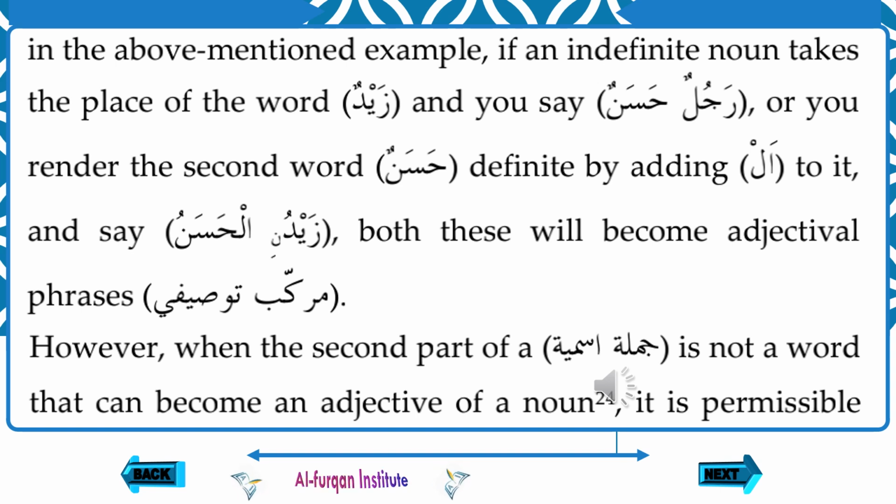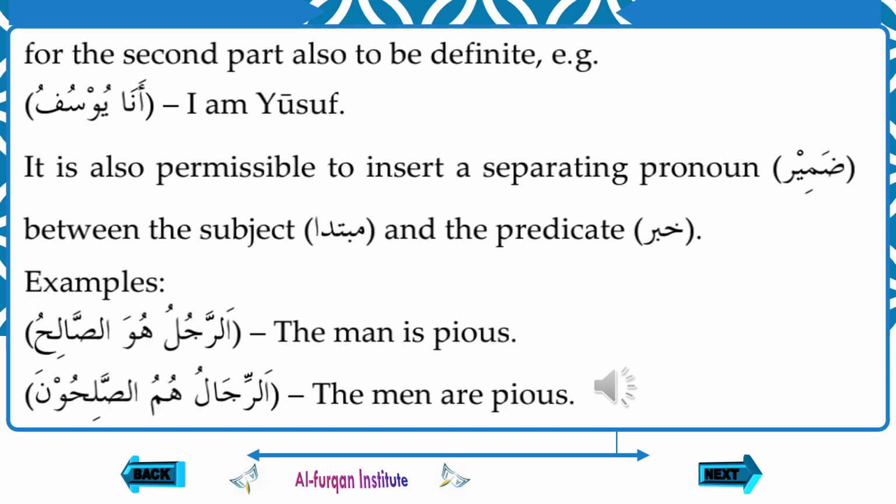But there are exceptions to the definite plus indefinite rule in the jumla ismiya. The first exception is when the predicate, that is the khabar, is not a descriptive word. In this case, the second part, the khabar, can also be definite, and the sentence is still valid.